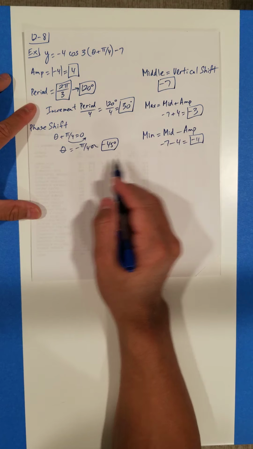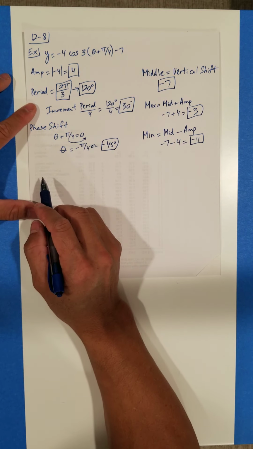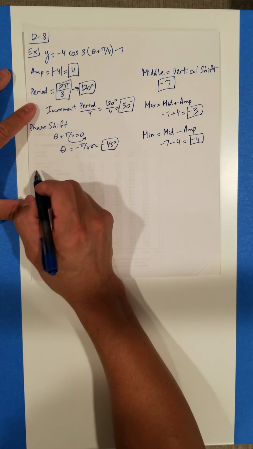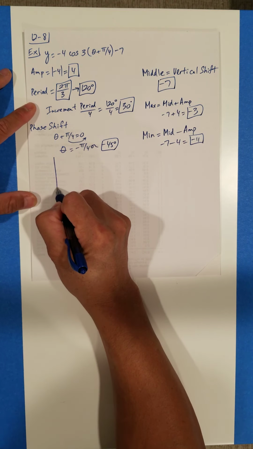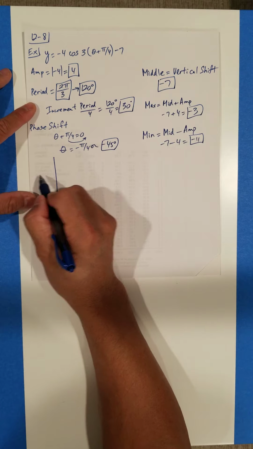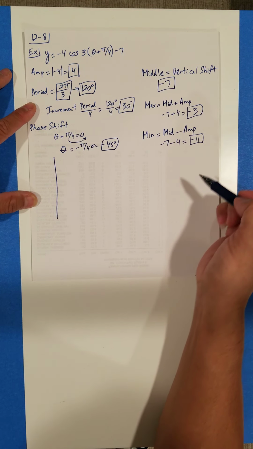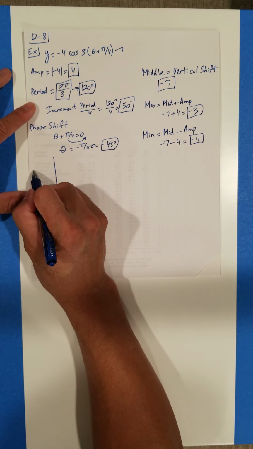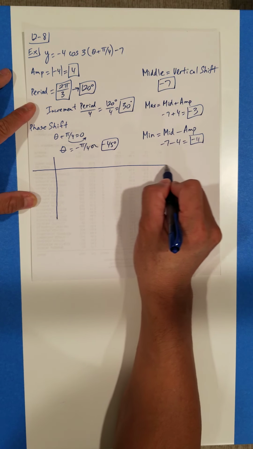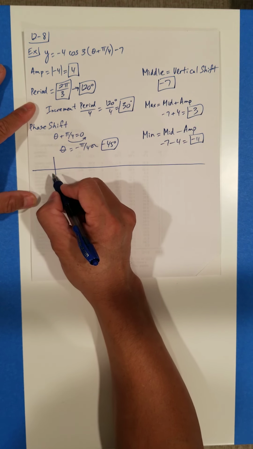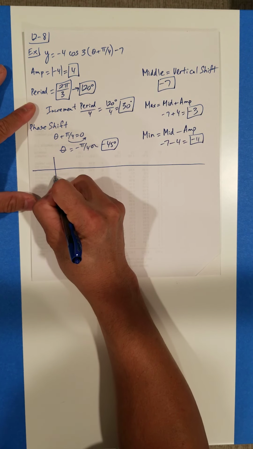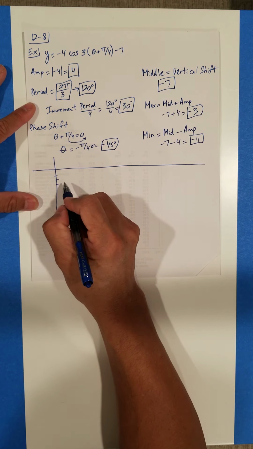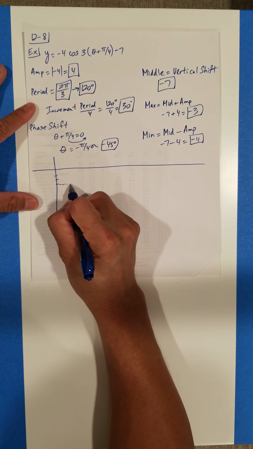Now we have everything we need to graph. Here we go. Starting here, I know my graph is going to use these numbers. My mid, my max, my minimum. So 1, 2, 3. That's going to be my max.